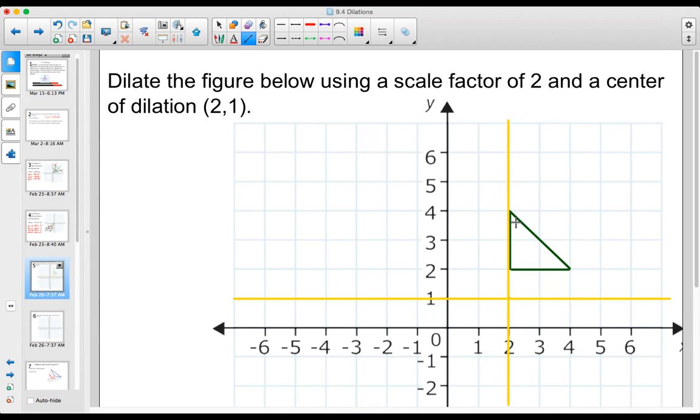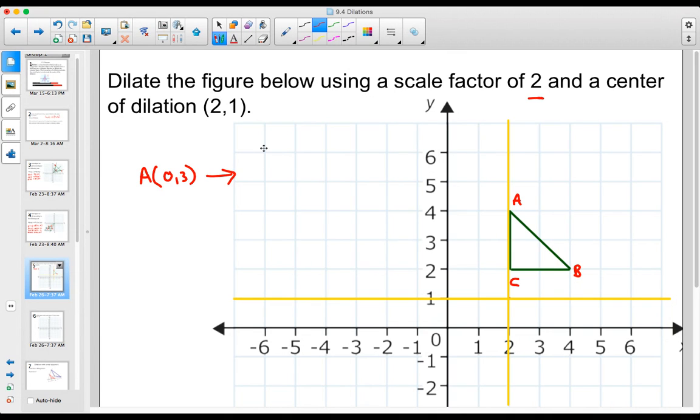There are new coordinates here as well. Let's say we name these A, B, and C. We're going to dilate with a scale factor of 2. With my new axis, point A is at 0, 3.